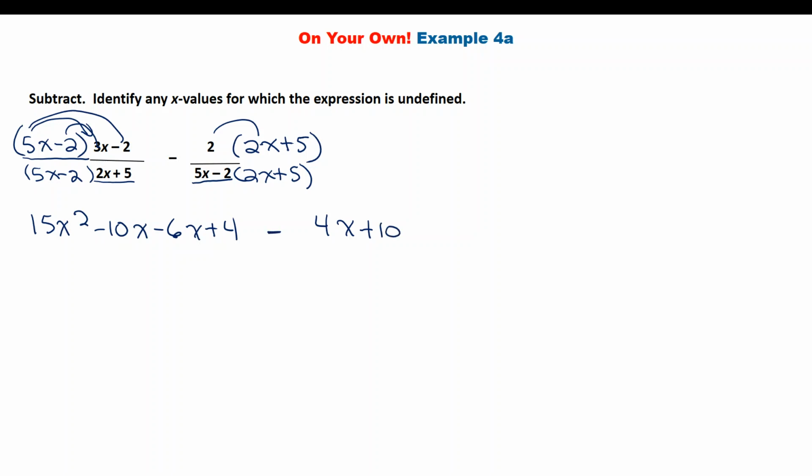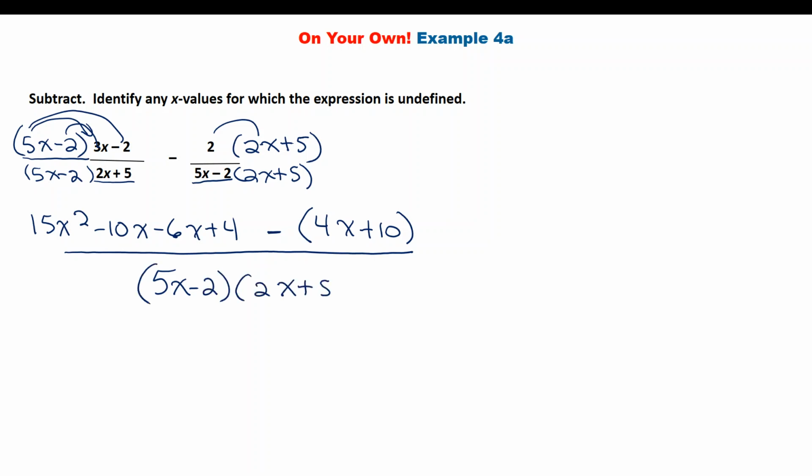All right, and there's a minus sign here, and I've got to subtract the entire thing. Now I can write my common denominator just as one piece. Here we go, 2x plus 5. Now, the next thing I need to make sure is I distribute this negative to both of these two terms. So I'm actually going to have a negative 4x and a negative 10.